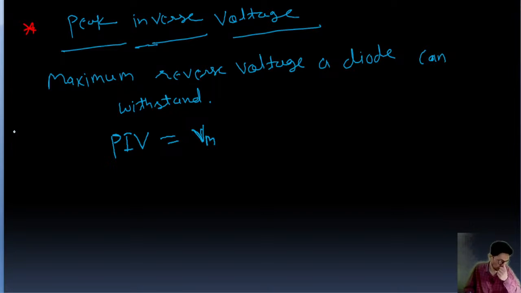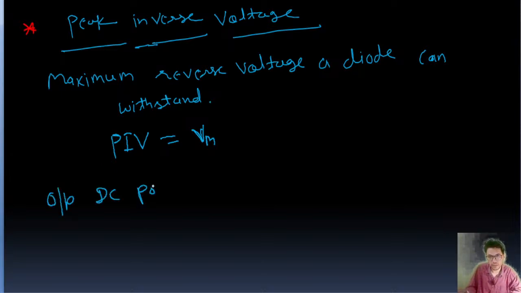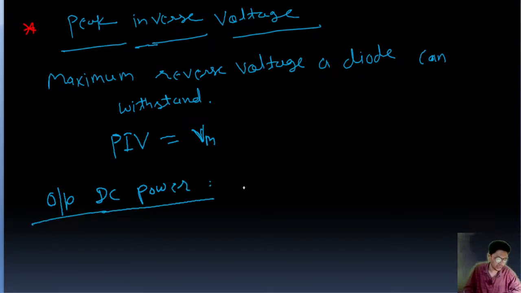Okay, now output DC power. DC means direct current, output power. And the formula we know, P equal to VI, right? So PDC equal to VDC into IDC, because we are talking about output DC power.